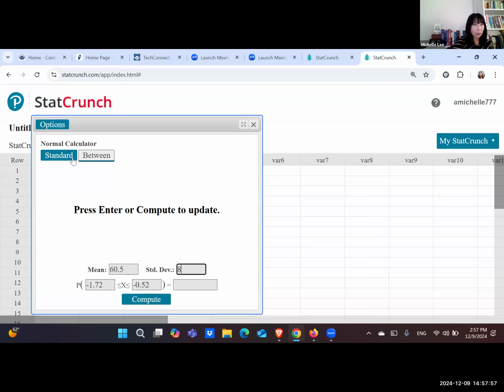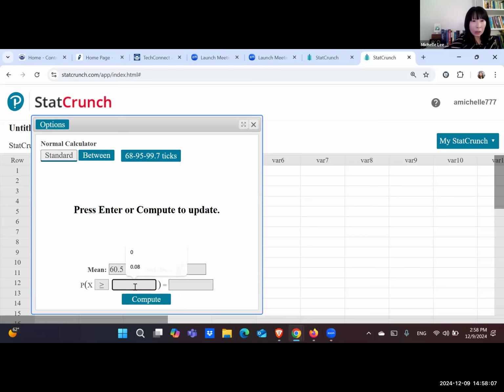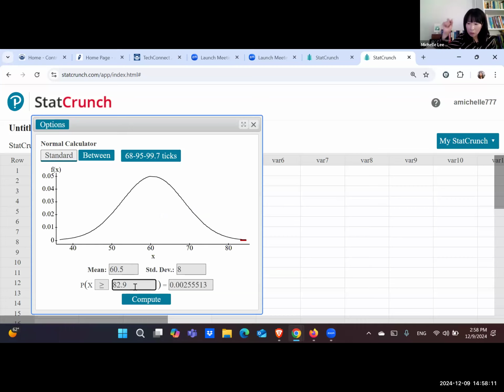Now we have the first one, standard. And x is greater or equal to, which means at least 82.9. All right, so the probability of at least 82.9 is 0.00255513. How do they say about the decimal? They don't say any decimal.